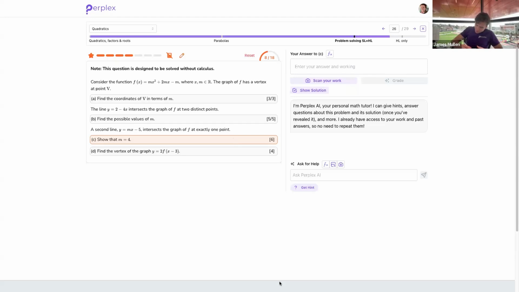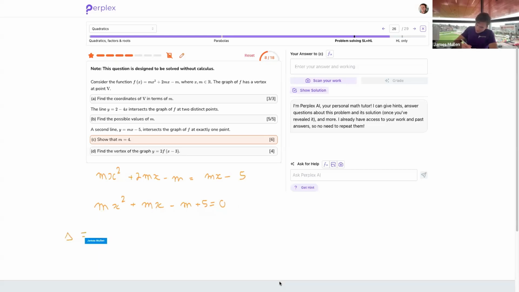This time I have mx squared plus 2mx minus m is equal to mx plus minus 5. And that has exactly one solution. So now if I bring everything to one side, if I subtract mx from both sides, I'm left with mx squared plus mx minus m, and then plus 5 is equal to 0.